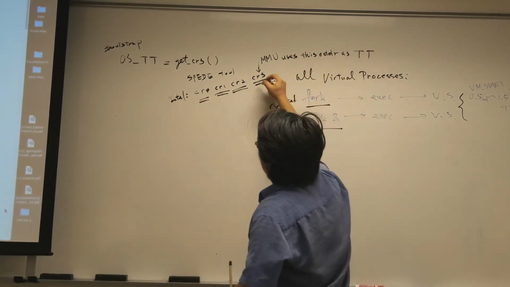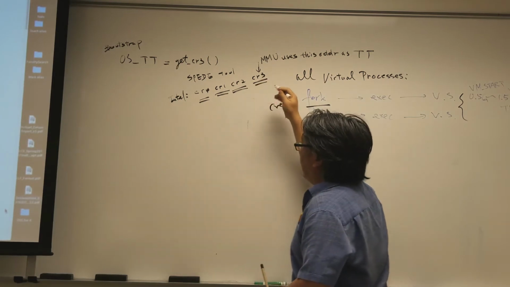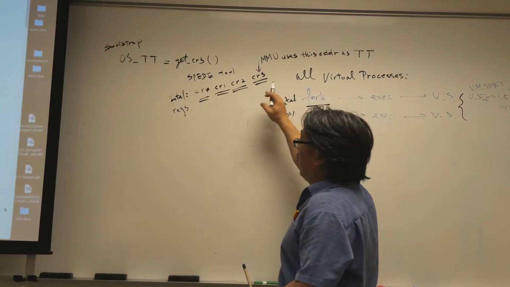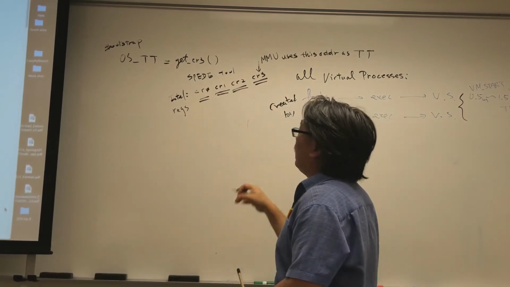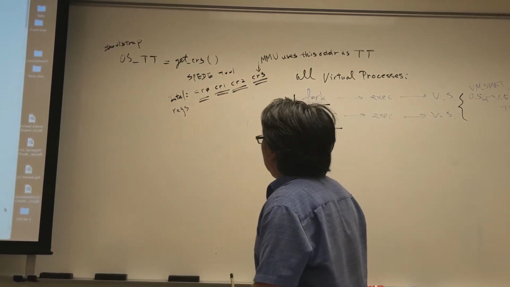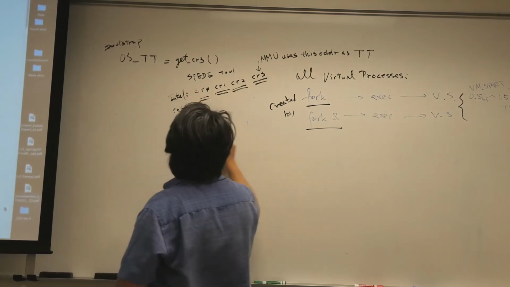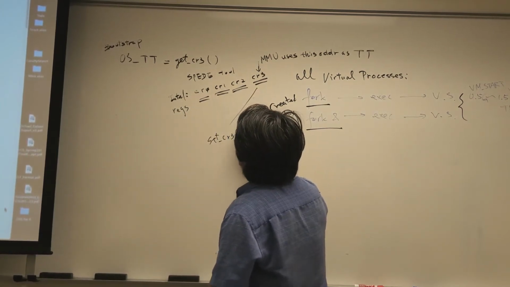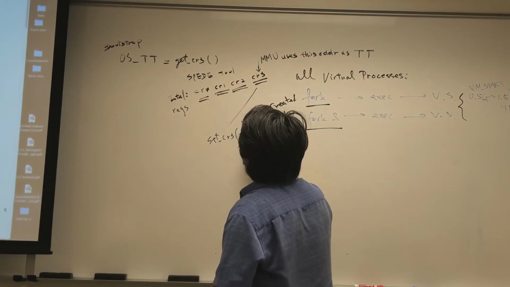So we're going to have this register, this register set, we can read it, we can set it. So the opposite of get CR3 is set CR3, given a translation table address.